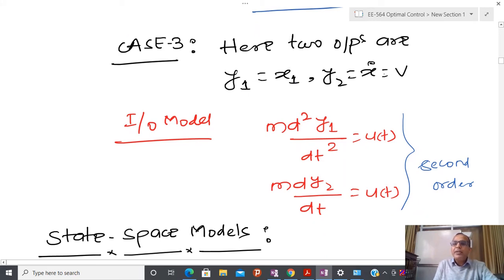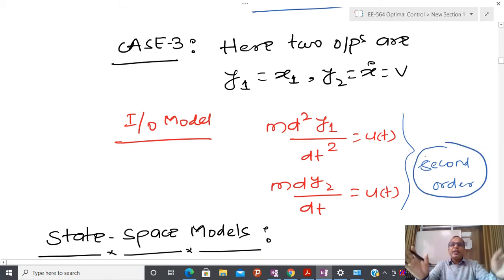So I am assuming both as outputs. In this particular case, you can see that with respect to the first output I have a second order system, and with respect to the second output I have a first order system. So if you see the overall order, it remains second order.